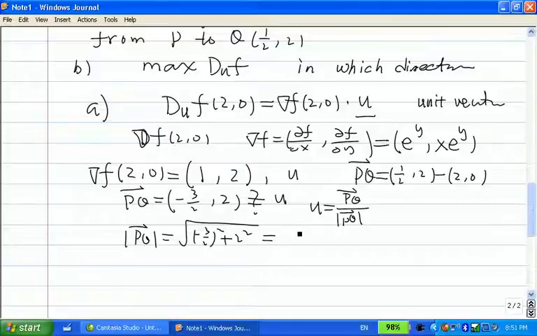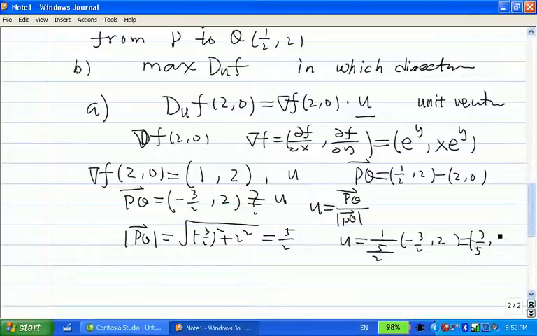You simplify that, it gives you 5/2. So u is equal to 1/(5/2) times PQ. PQ is (-3/2, 2), and this gives you (-3/5, 4/5).